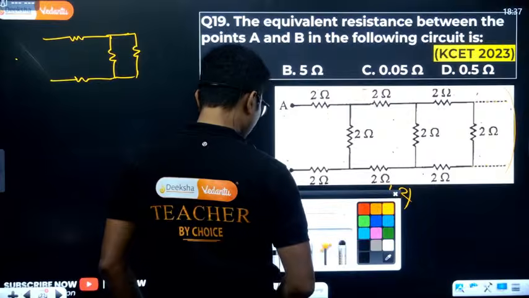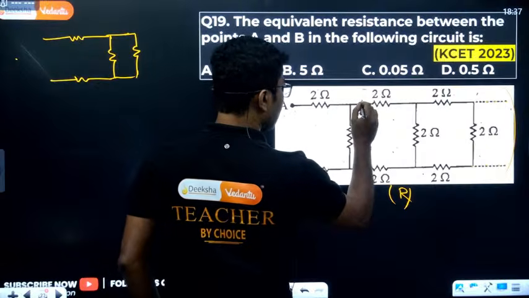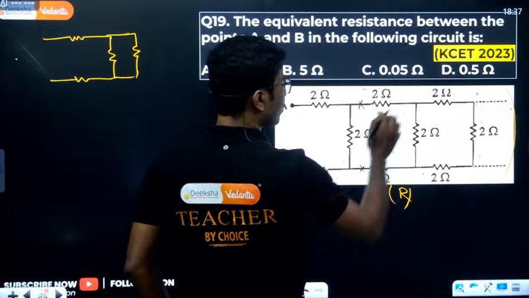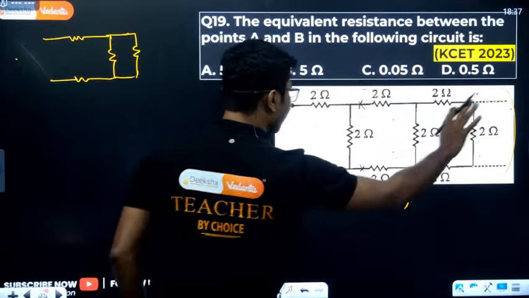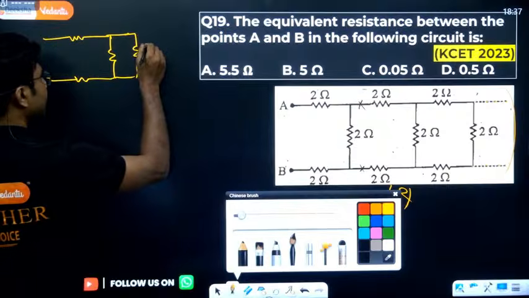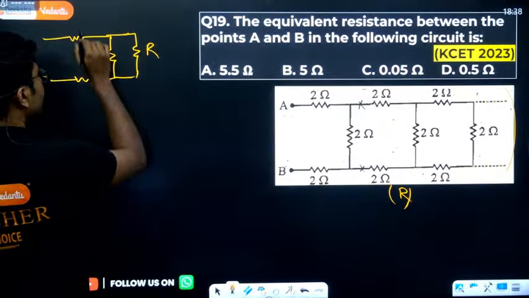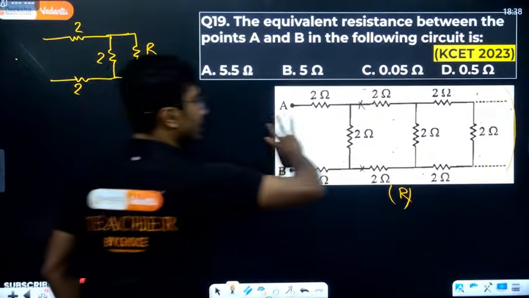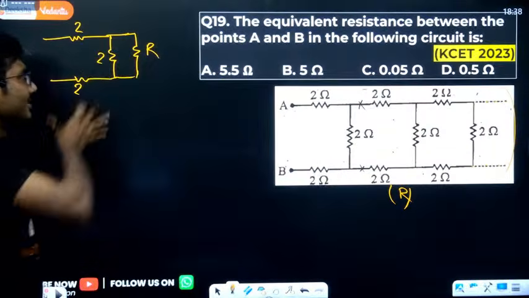So our cutting point was here and here, and we said that this remaining portion should also have resistance R. So after doing that, we can basically replace this cutting point with a resistance capital R. This is 2, this is 2, this is 2. Now this is our original circuit. So our original circuit is reduced to this.